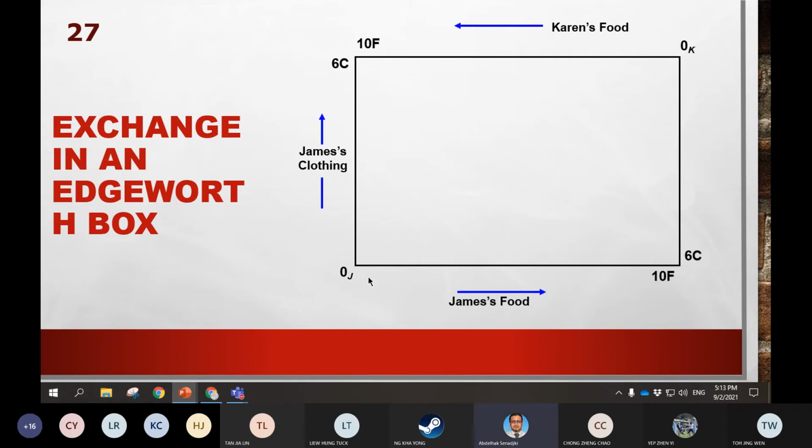For James, 0 to 10. Now, clothing for James will be this side, 0 to 6, and for Karen, the opposite side, 0 to 6. So you can see Karen going left to bottom, James going right to up.